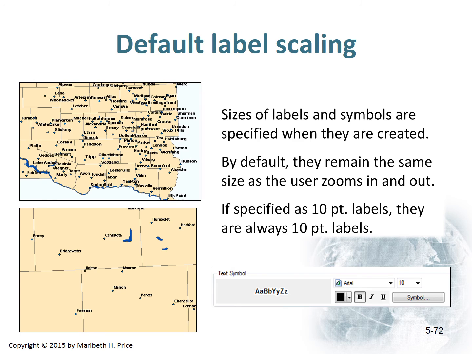Default labeling scale, size of labels and symbols are specified when they are created. By default, they remain the same size as the user zooms in and out. If specified as 10-point labels, they are always 10-point labels, no matter whether you zoom in or out. But the thing is, if you zoom out too far, the number of places and their spacing on the map become closer, and then maybe the 10-point is not really what you need.